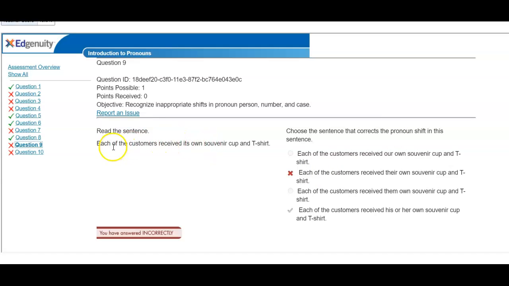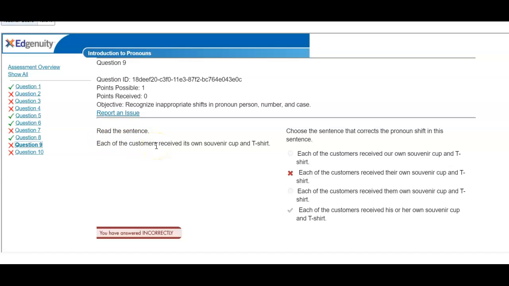Alright, here's why. Each means that you've got more than one person receiving their own souvenir cup and t-shirt. There's more than one, each of the customers. Because your customers here is plural, whenever you use each, you're still thinking of it as plural.